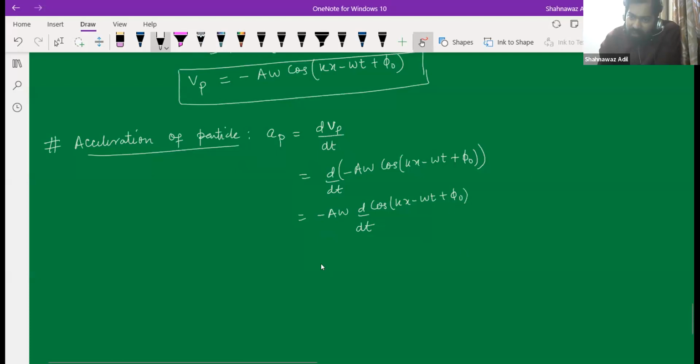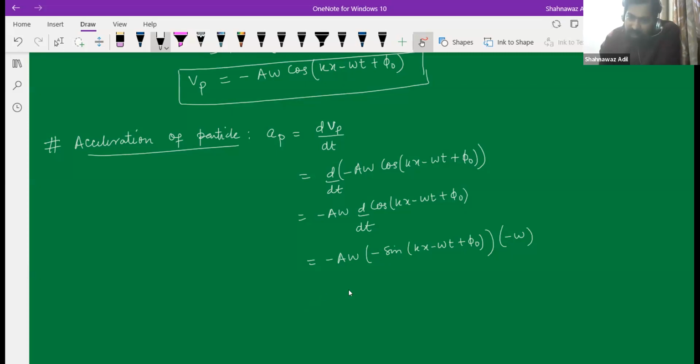Okay, so then we have minus A omega, and then minus of sin(kx - omega t + phi), right? And then multiplied by minus omega again. So this minus and this minus will cancel.